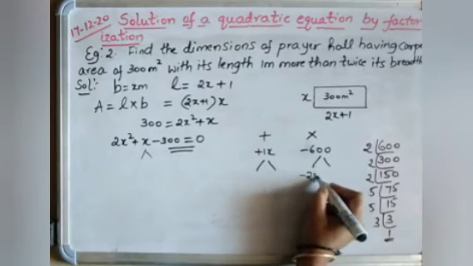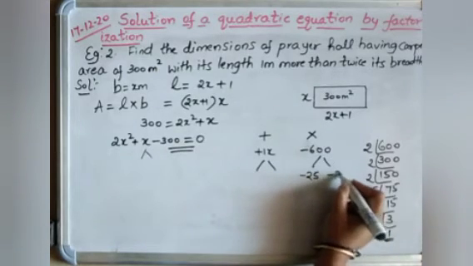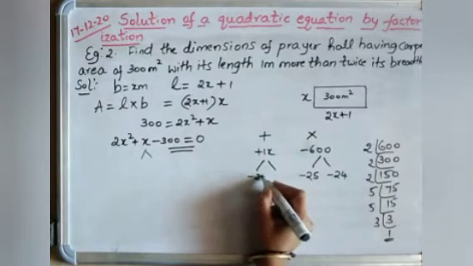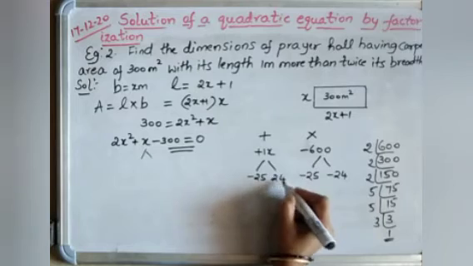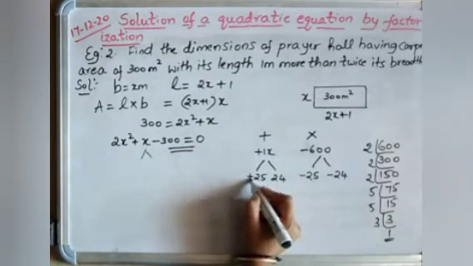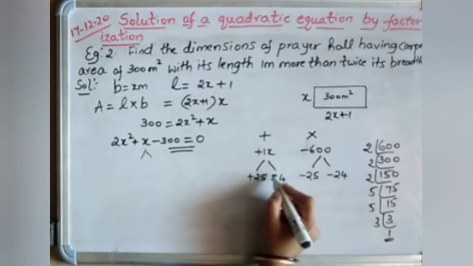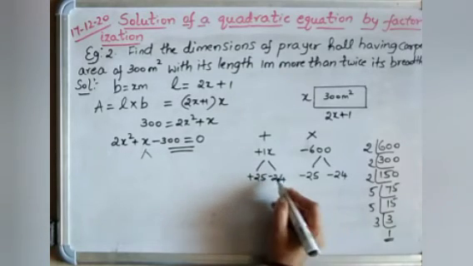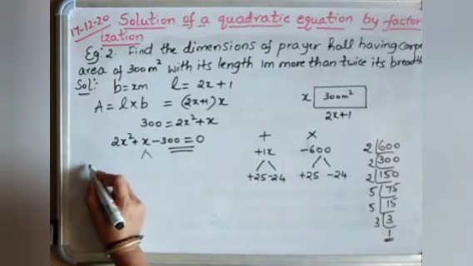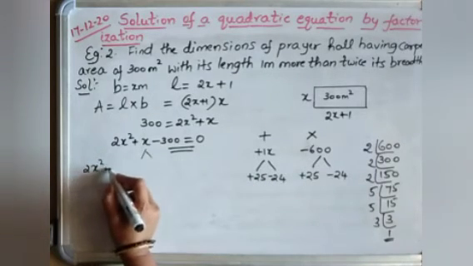So the numbers are minus 25 and minus 24. Here we want 25 and 24. Now see children, here we want plus 1. That means we have to write the greater number with sign plus 25 and the smaller number as minus 24.